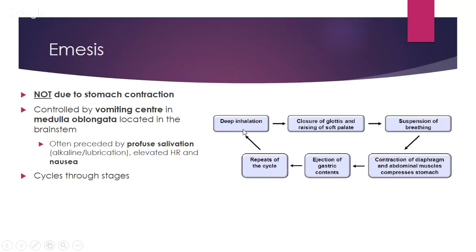The steps for this are also deep inhalation. Taking a deep breath, close the glottis, stop breathing because you don't want to aspirate any of that vomit when you're spewing it out. Then contraction of the diaphragm and abdominal muscles, which increase your intra-abdominal pressure. That causes ejection of your gastric contents, and then you cycle through that. So fun.